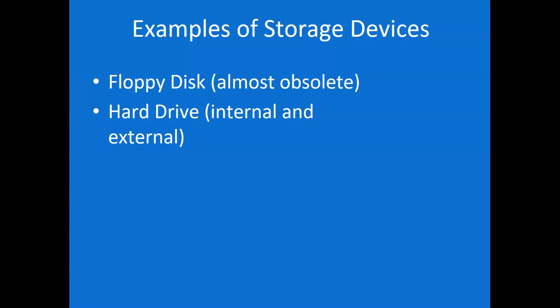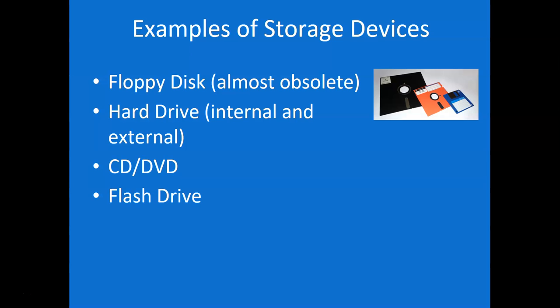So your computer comes with a hard drive that's already built inside of it for storage, but let's say you filled it up, you can always buy another hard drive that would sit outside of the computer. CDs and DVDs can be used for storage. Think about it almost like a movie. It's got to be stored somewhere, and so you've got to put it on a DVD.